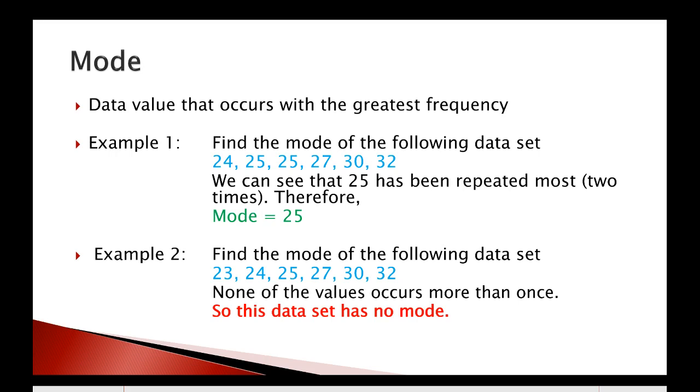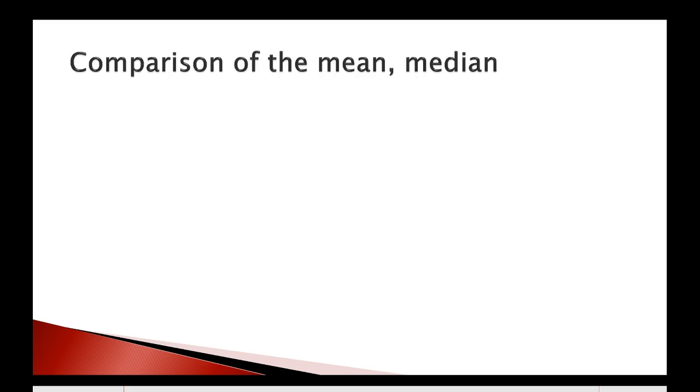Right, so we talked about the mean, median, and mode, which are the most important topics under measures of central tendency. Now let's compare the things that we learned to get some better idea. Comparison of mean and median.